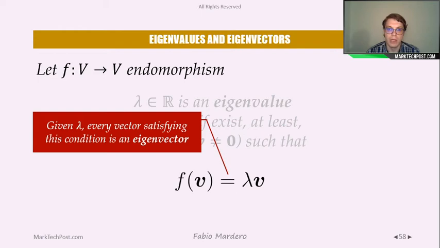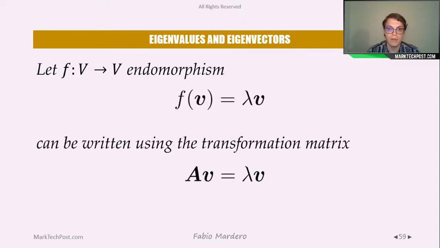So the scaling factor is the eigenvalue, and the vectors that satisfy this property of f are said to be eigenvectors. Since the endomorphism can be written using the transformation matrix, we can say that A multiplied by the vector v is equal to lambda v.